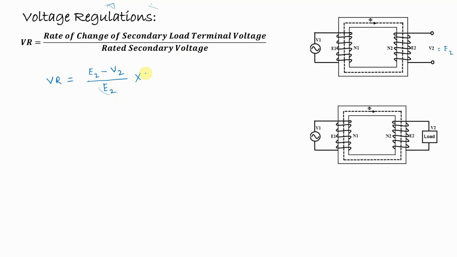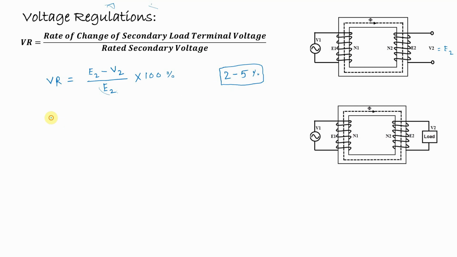If you want to find it in percentage, it should be multiplied by 100. Remember, the voltage regulation of the transformer should be as low as possible, and for a good transformer, this value should be 2 to 5%. It should not be more than that. So the voltage regulation should be as low as possible.